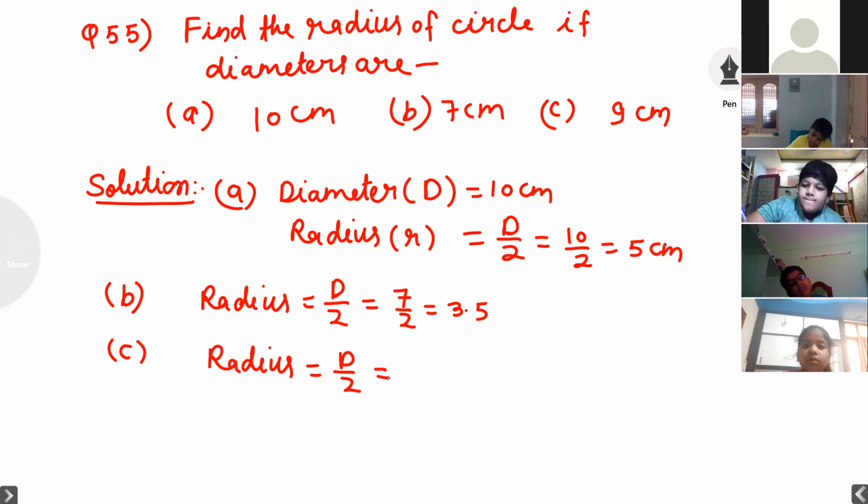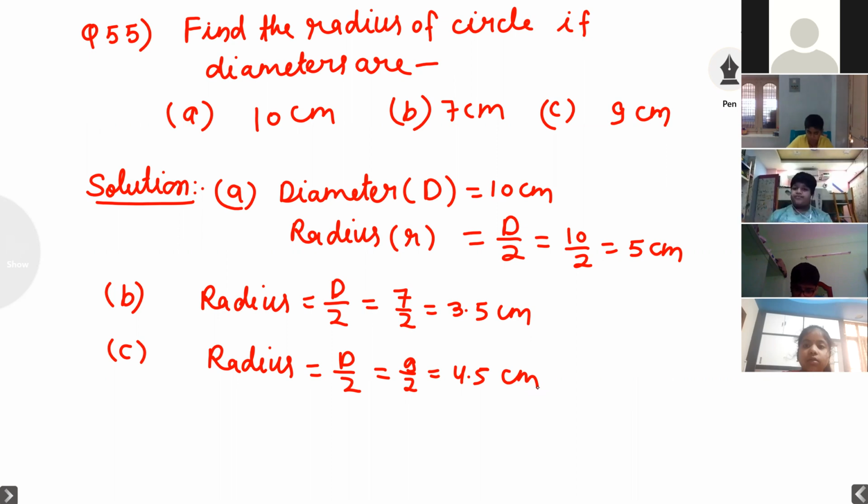Diameter is 9. 9 by 2 is equal to 4.5 centimeter. If they have given diameter, it is asking radius. Half of that diameter is called radius.